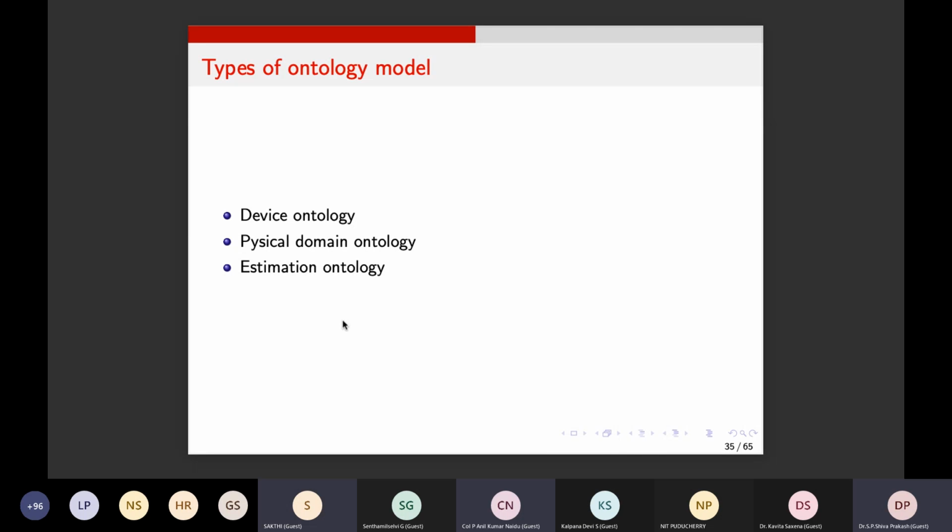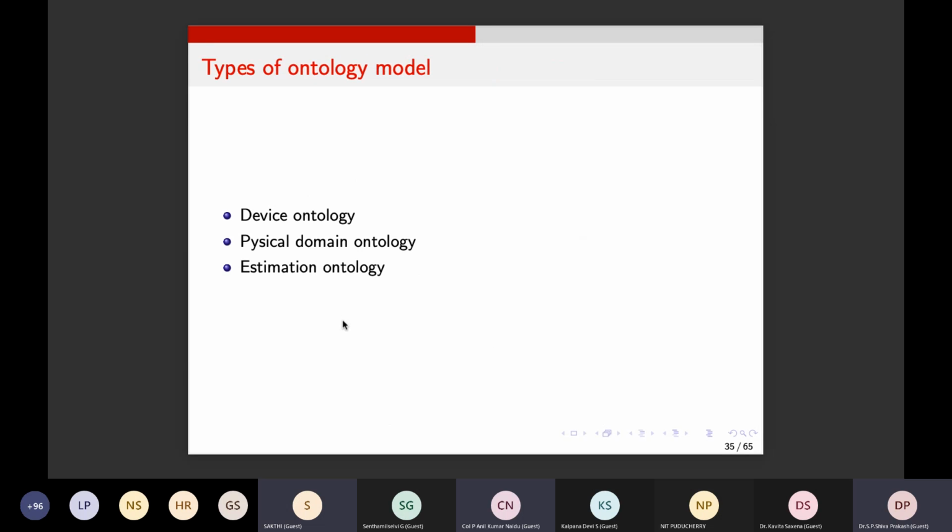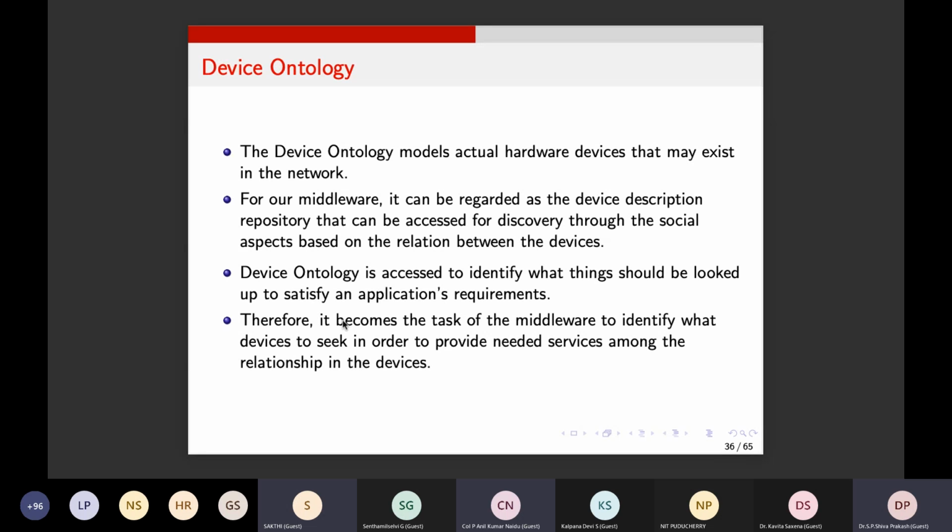For example, I am trying to build a smart city application, with the smart city as an environment. What applications can be involved inside it is decided based on these things, and what devices are connected to these applications is decided based on the device ontology.